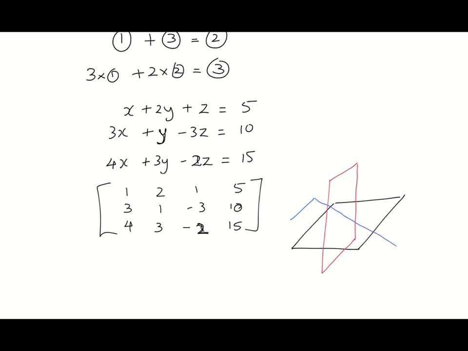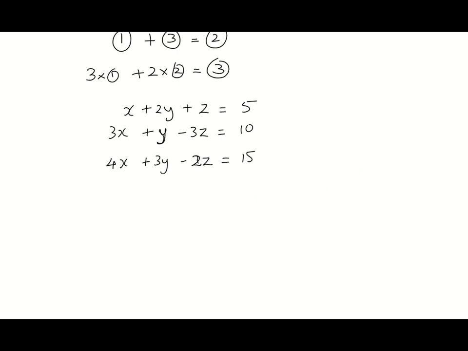I need a different color. Probably I should have drawn this a bit up, the black one. What I'm trying to show you guys is somewhere there where all 3 sheets meet.